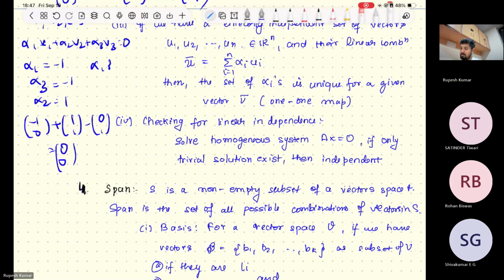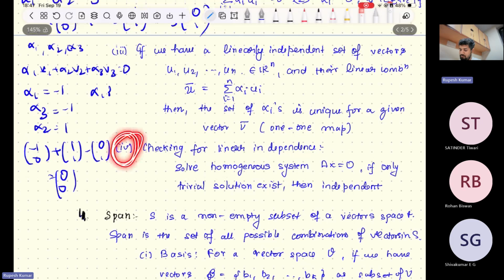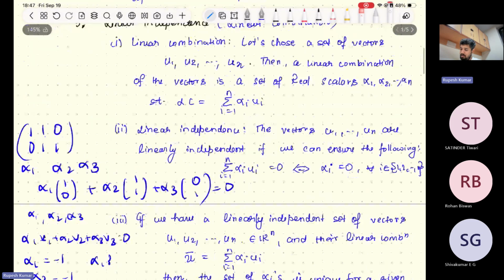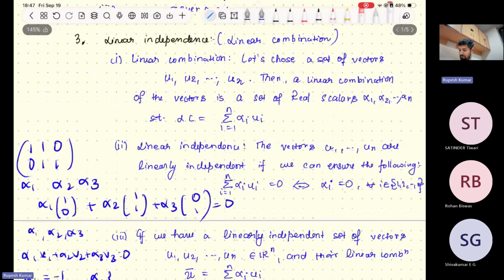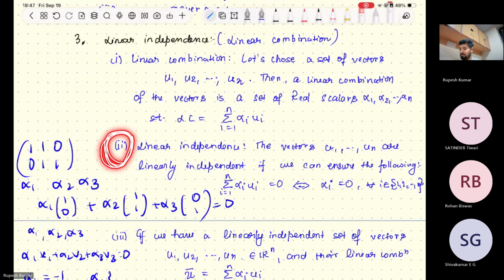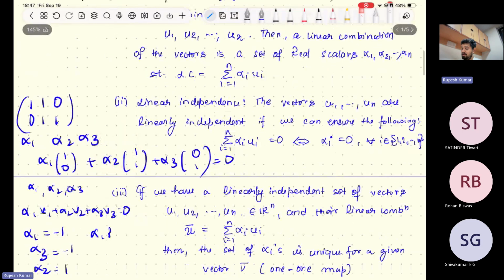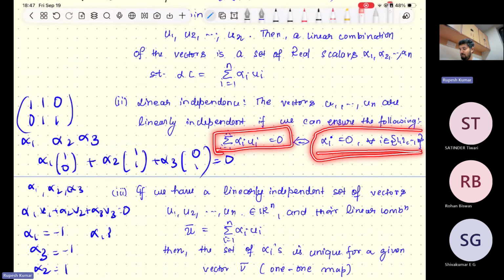independent. Now this property 4, this idea of how to check, essentially comes from property 2 itself, from the definition of linear independence. It says their scaled sum will be 0 if and only if the scalars that we are multiplying them with are 0.